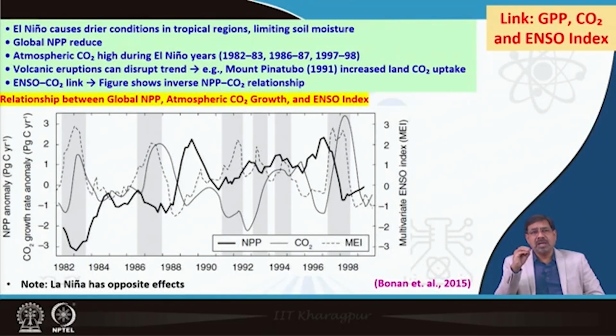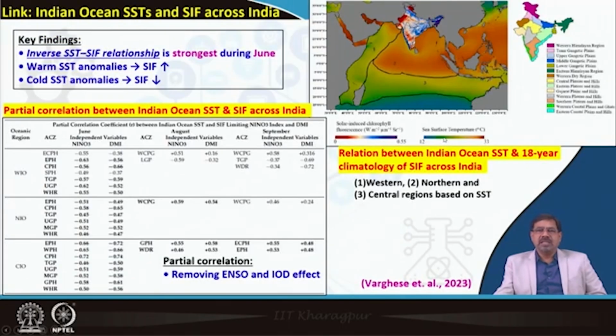So, there is a note at the end. La Nina has opposite effects in contrast to El Nino. This also has been picked from Bonan et al., which has been mentioned at the end of this lecture. Now, let us have a look at what our group has done.